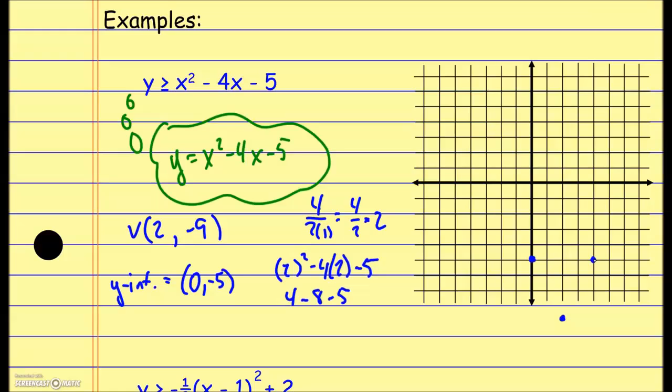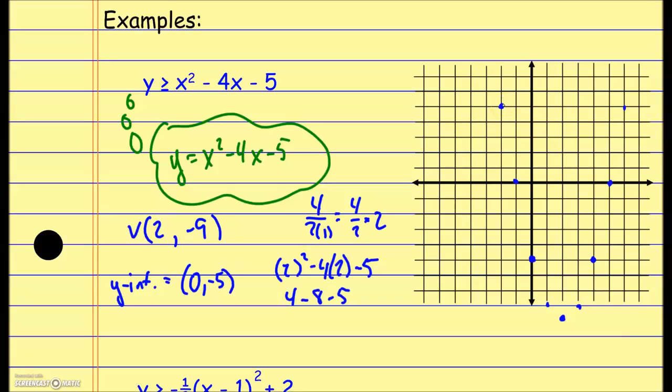I can even use the fact that I have the a value of 1, and I count over 1, up 1, over 2, up 4, which gives me my y-intercept, over 3, up 9, would give me my x-intercepts, and then over 4, up 16 if I wanted. All right, so I've got a lot of information that can help me graph this thing.